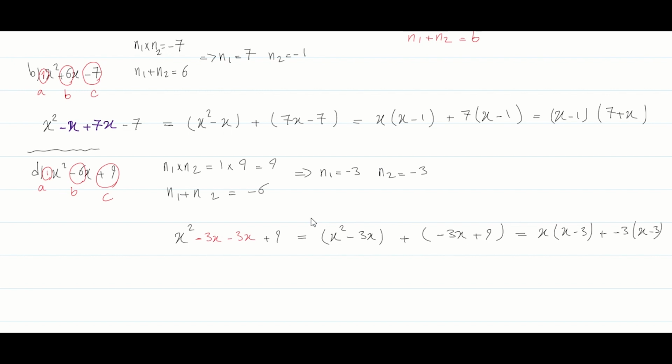Now, if you look at this expression again, we have a common factor in here, which is x minus 3. And I'm going to factor it out from the expression again. So it's going to be written as x minus 3 times x minus 3. Now, if you just write it in a simpler form, it can be written as x minus 3 squared.